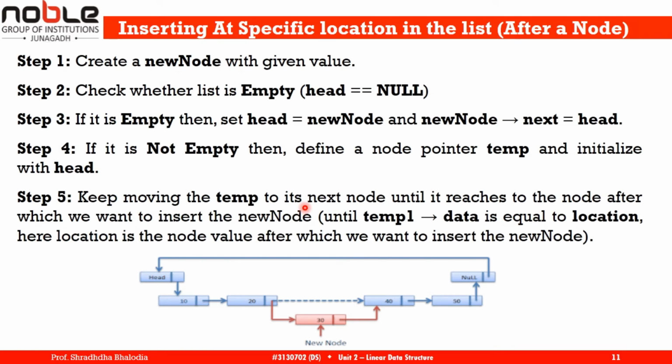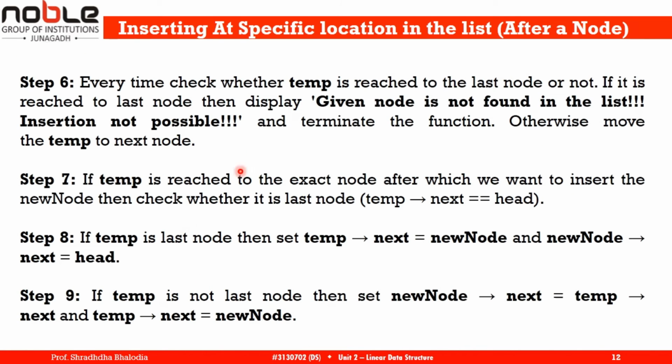Keep moving temporary to its next node until it reaches the node after which we want to insert the new node. Here 20 is the node, so we move temporary towards 20 and check whether the specific location is found in the list or not.